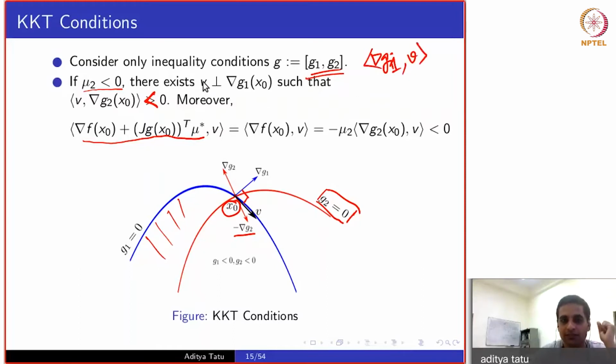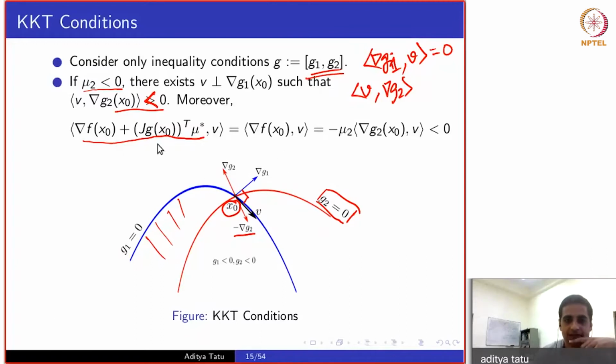I've already chosen v to be orthogonal to gradient g1. It will be 0, sir. It has to be 0. What about v dot product gradient g2? Would be some negative number by assumption, right? Yes, sir.